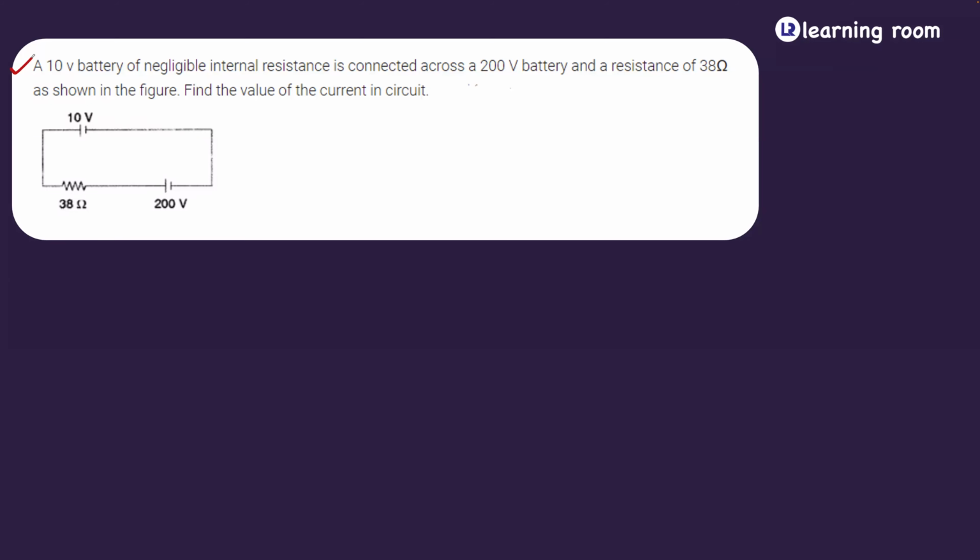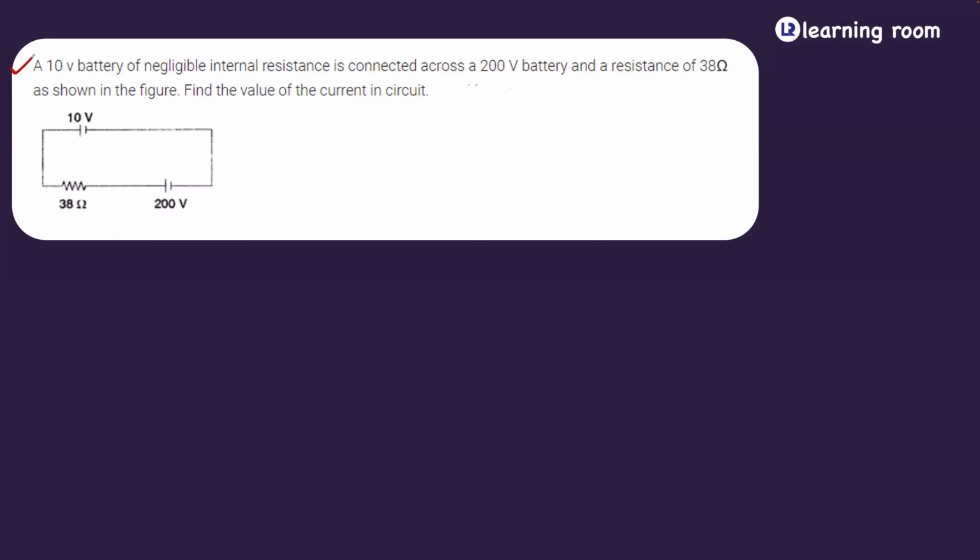That's what I did in the first problem: negative was connected to positive. Whereas in this problem, like terminals are connected together. When like terminals are connected together, the EMFs get subtracted. You need to subtract the lower value from the higher. See, these things I want you to solve in your mind itself.